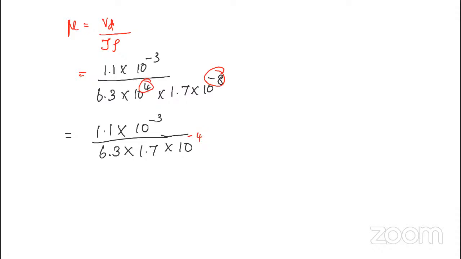Then for the next step, it is 1.1 into 10 power of minus 3 divided by 6.3 multiplied by 1.7. If you just multiply, it is approximately 10, maybe 10.71, into, in the powers we can convert it into above, so this becomes 10 power plus 4.